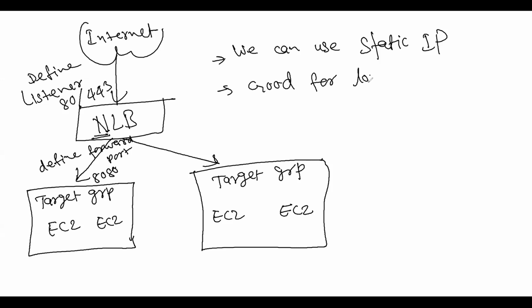So network is properly taken care of. There may be a need where you have a connection you want to establish and keep it for maybe a week. Connection should not break, right? Or maybe connection may be there for a month, right?